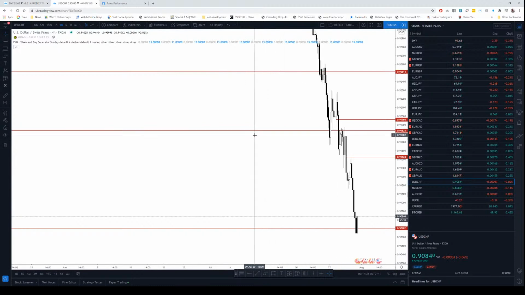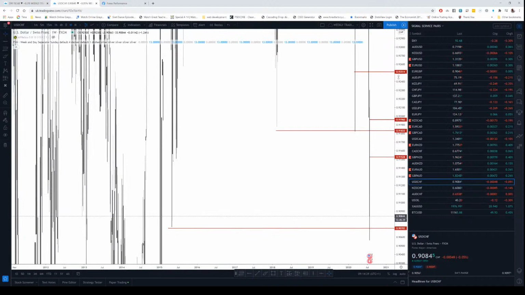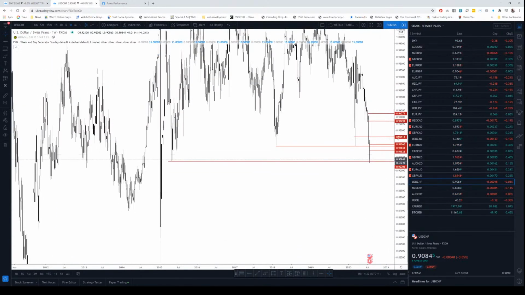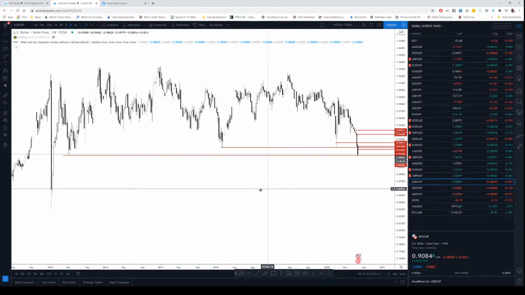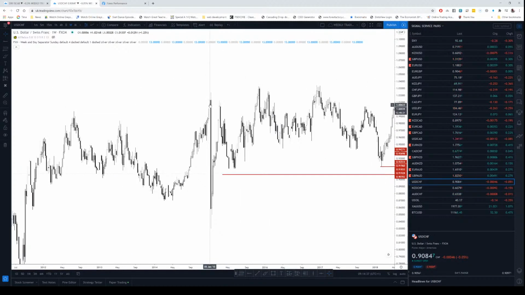So we've reached the high time frame level, which is a run below this low. We are almost back down to 2015, that's when I started my trading. I do remember this move like the back of my hand. It happened when I had just started trading, so this one scared me.